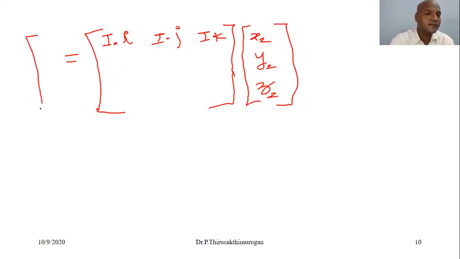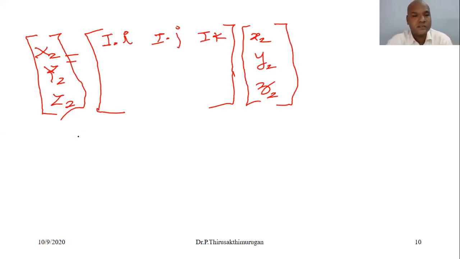Here, what is that? x2, y2, z2. So here is j dot I, j dot j, j dot k.